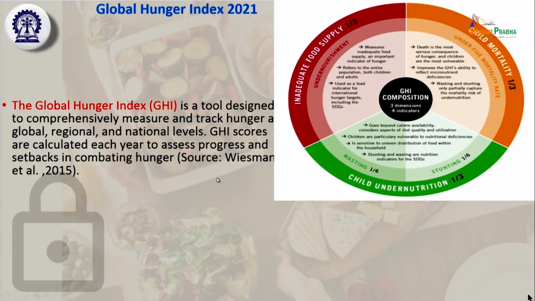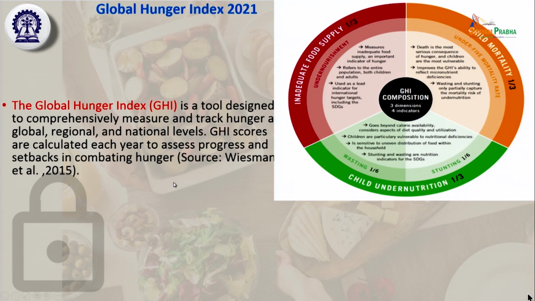Before going into the depth, there is the Global Hunger Index. The Global Hunger Index is a tool primarily designed to measure and track the rate of hunger at national, regional, state and global levels.